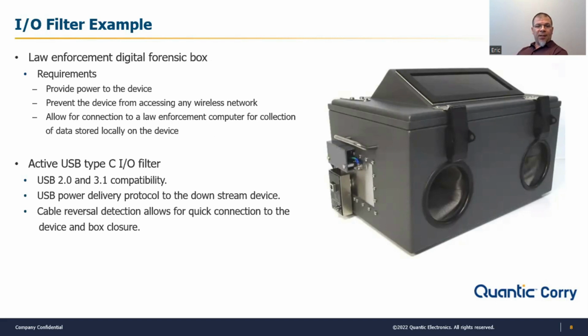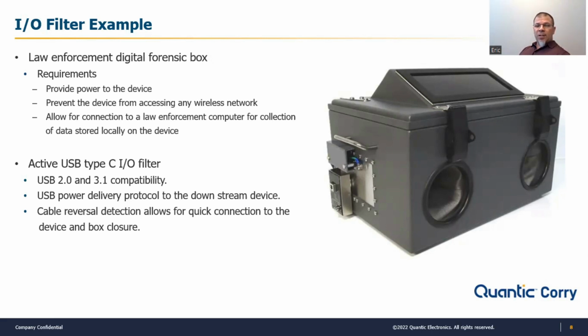This allows the law enforcement community to touch the device, see the screen, navigate through it, and also connect to it, typically via USB if it's a cellular device, and pull any data off of it that they so desire. For this particular application, what's been chosen is a USB-C type I/O filter.